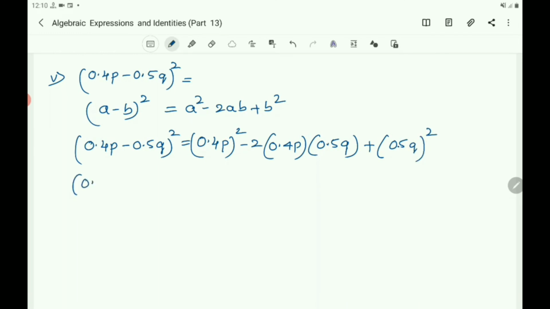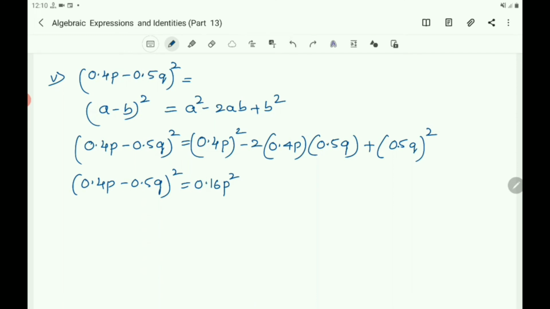So you write 0.4p minus 0.5q whole square equals 0.4p whole square is 0.16. 0.4 into 0.4, you will get 0.16 p square. Because 4 square is 16, 0.4 means here the decimal point is after 1 digit. So in its square, the decimal point must be after 2 digits.